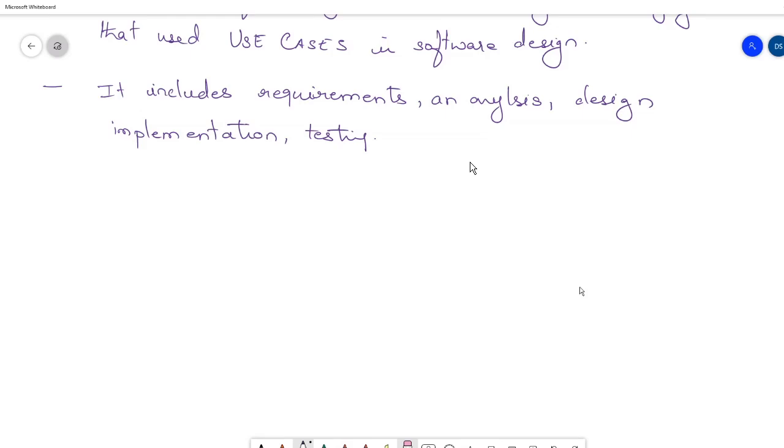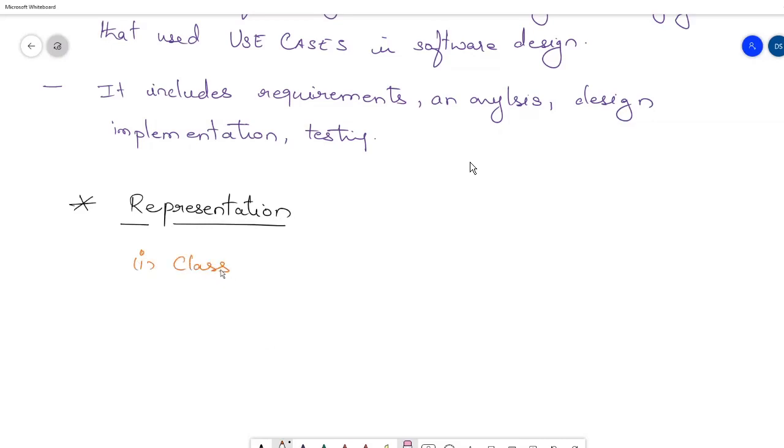Okay, so let's discuss representation symbols. The first one would be class.